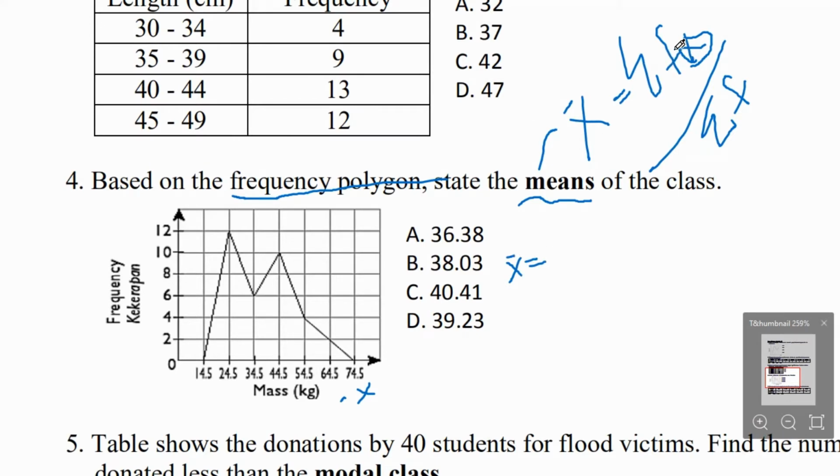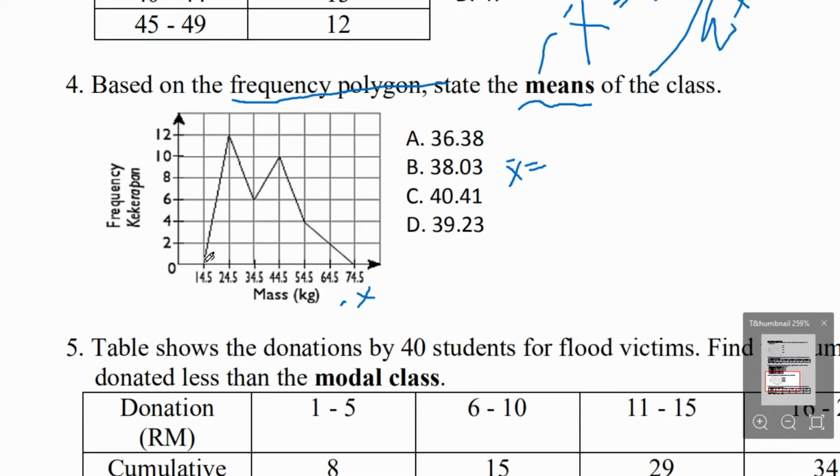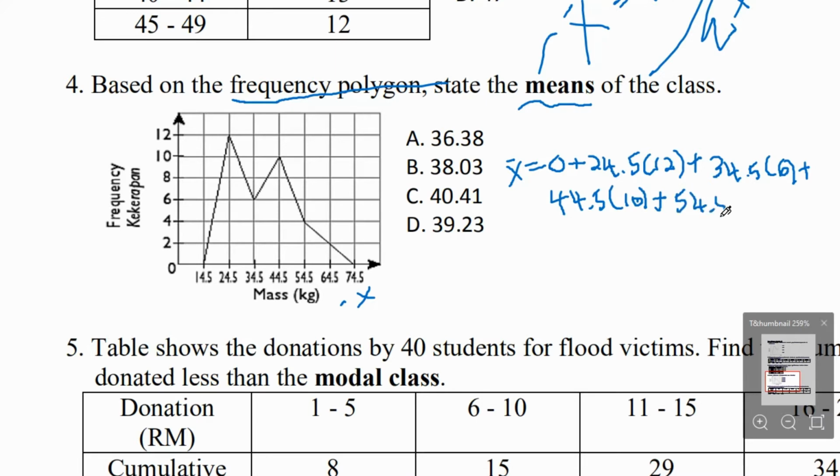Summation of fx. So frequency multiplied with midpoint. So for this one, 14.5 times 0, you have 0, plus 24.5 times 12, plus 34.5 times 6, plus 44.5 times 10, plus 54.5 times 4, plus 64.5 times 2, and 74.5 times 0.